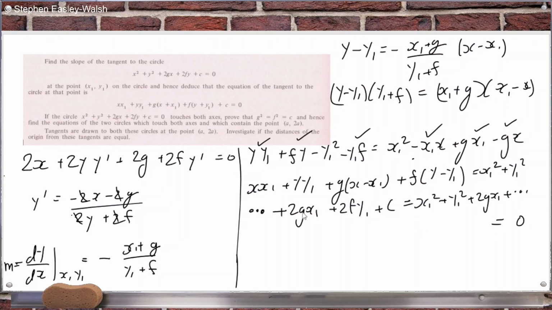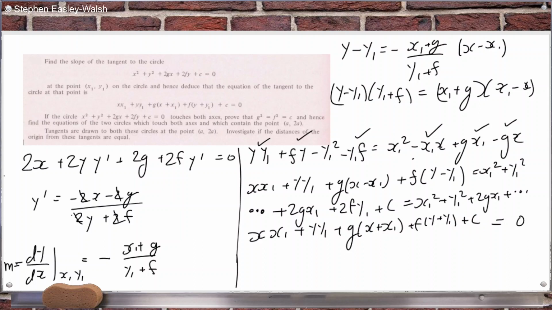But then on the left I have some extra terms. This 2g x1 can get added into this guy, so it'll be minus g x1 plus 2g x1, so that's what corrects the sign then. So you'll be left with x x1 plus y y1 plus g(x plus x1) plus f(y plus y1), and then there's an extra c on the right.